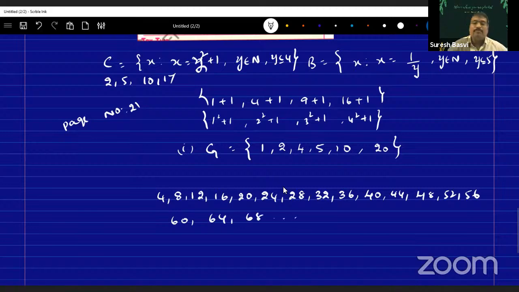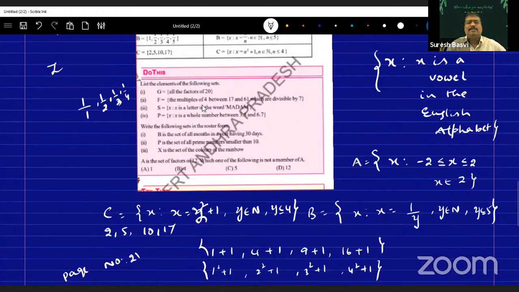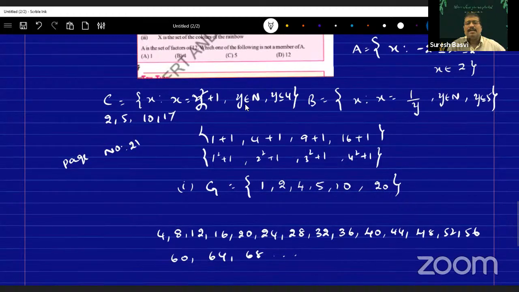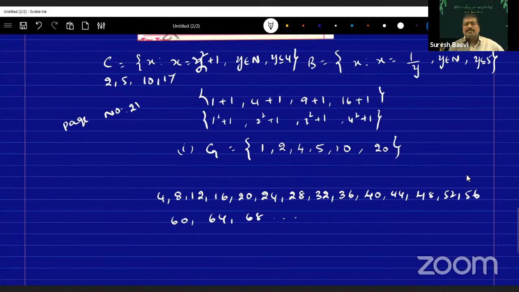These are all 4 multiples. Here, the multiples of 4 between 17 and 61. So that means no need to consider up to 16, and up to 61 means no need to consider the rest. So there are 20, 24, 28, 32, 36, 40, 44, 48, 52, 56, 60.